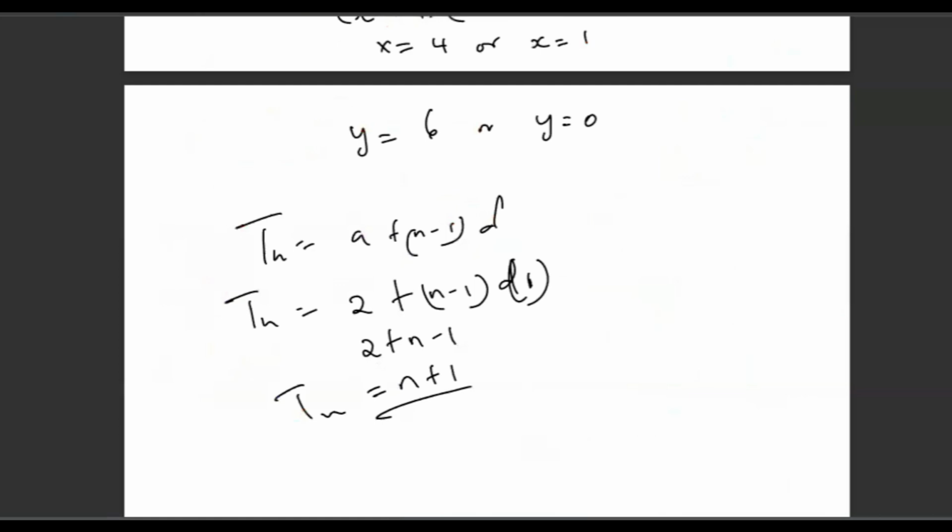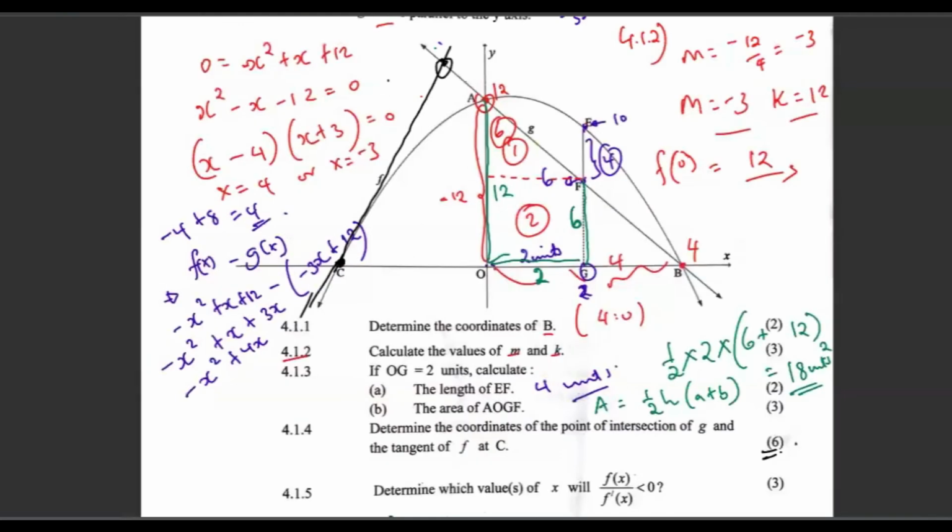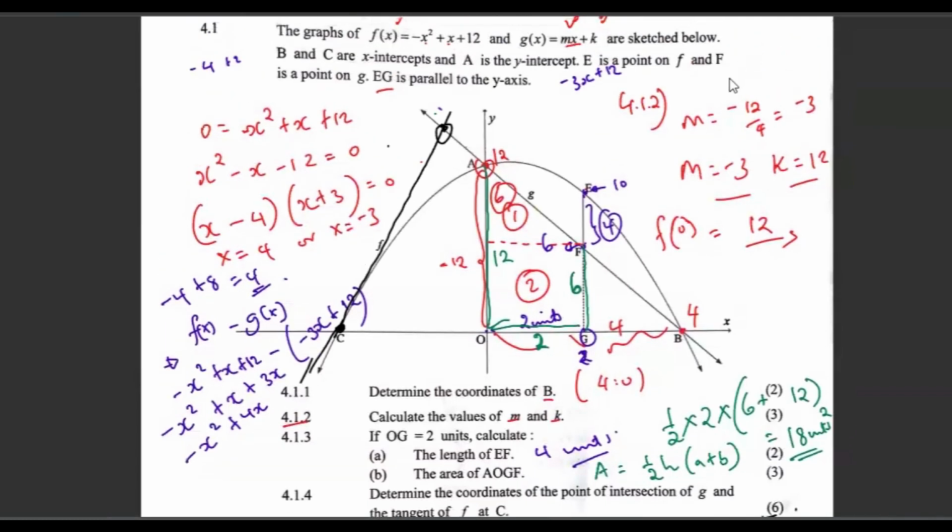So for me to get the equation of the tangent, I need the gradient of that line. For me to get the gradient, I can use calculus by finding the first derivative of f, so that I get the gradient function at any point of the graph. We already know that the coordinates of C are -3 and 0.